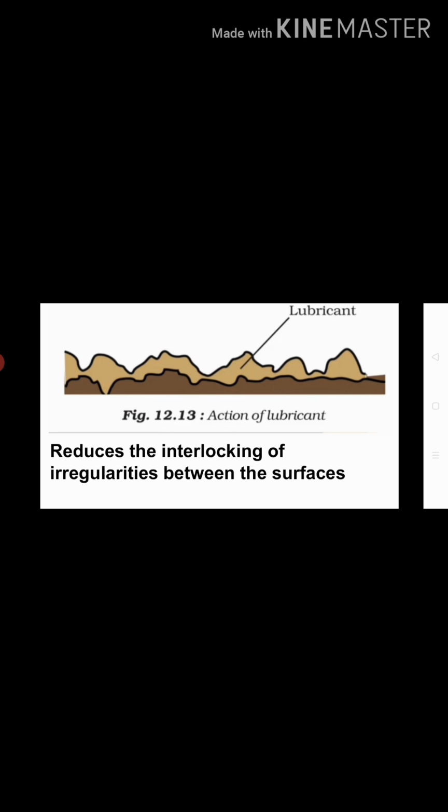That is, interlocking of irregularities is avoided to a great extent. So, the movement becomes smooth if we use lubricants between the two surfaces that prevent the interlocking of irregularities.